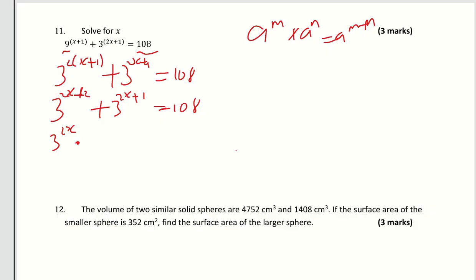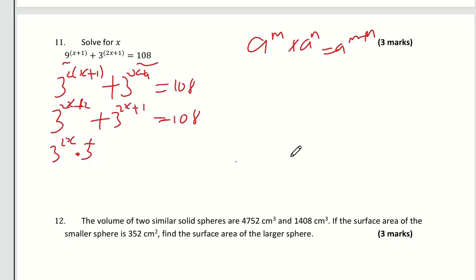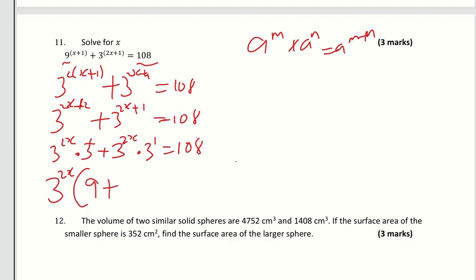Now this one will be 3 squared times 3 power 2x, plus 3 power 2x times 3 power 1, equal to 108. So we will factorize 3 power 2x because it's common here and it's common there, so it will be 3 power 2x outside, introduce a bracket, 3 power 2 is the same as 9, plus 3 power 1 is the same as 3, equal to 108.